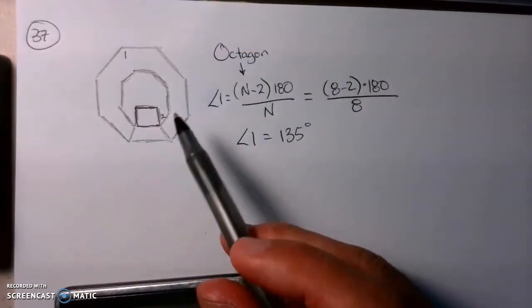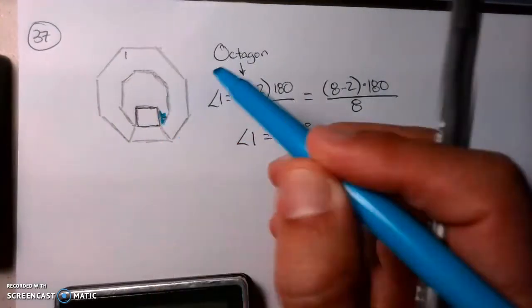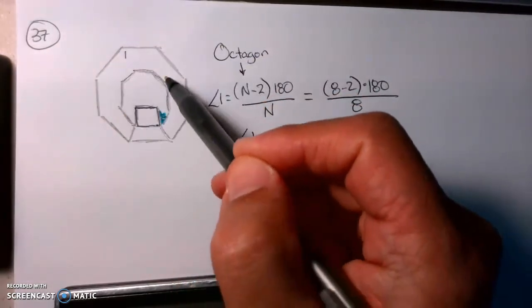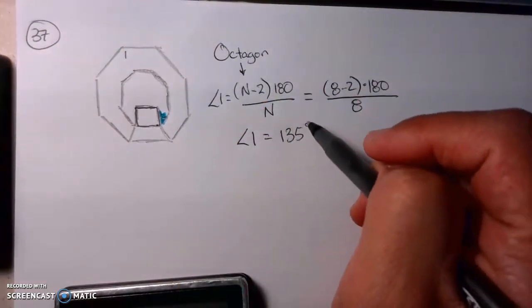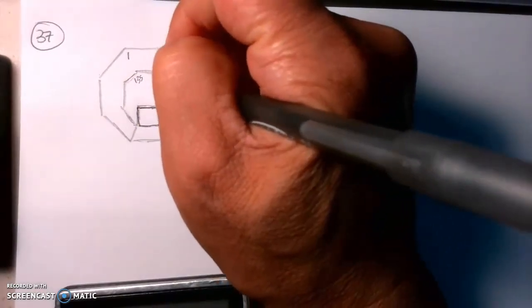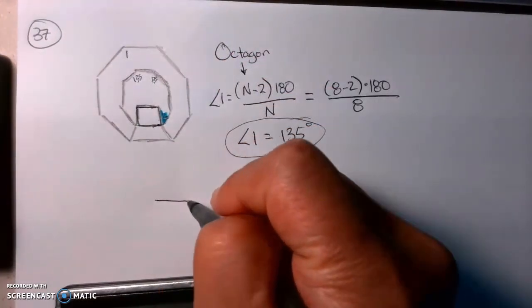Okay. Angle 2 is here in this little area. What we do have is a smaller octagon inside. Even though it's smaller, all the angles are 135. So it's 135 here, 135 here, and it's also 135 at this corner. I'm going to enlarge this.